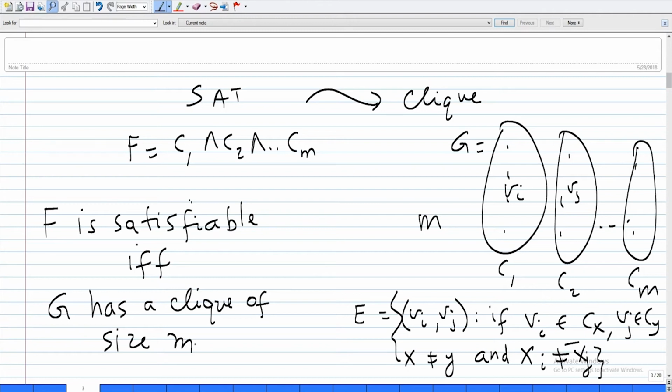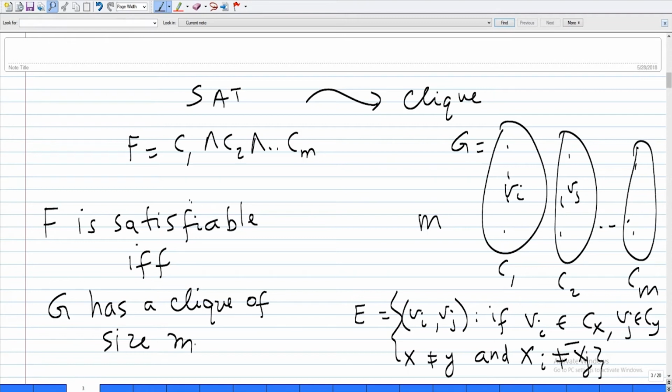You can't have more because edges are not there within a set. It can't have less because it's an M clique. So, exactly one from each. Now, I go and set those corresponding variables. My assignment will satisfy my formula, because there is no conflict between these, since they form an M clique.